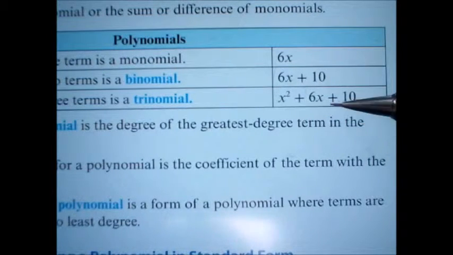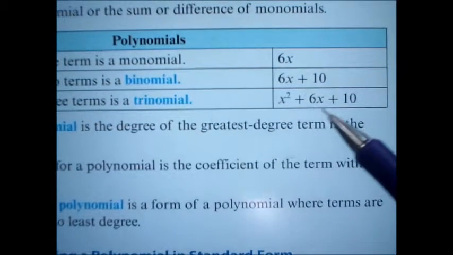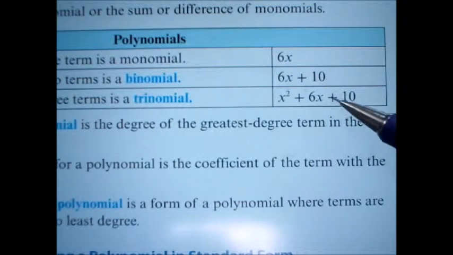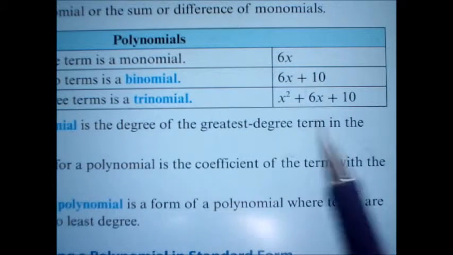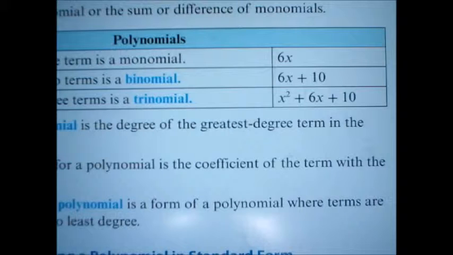Here there's 2 additions. So there's 1, 2, 3 terms. The multiplication does not count as separate terms. We're not going to count 6 and x as 1 term. Yes, subtraction. Like if there's a subtraction right there. We'll see some more examples of it.